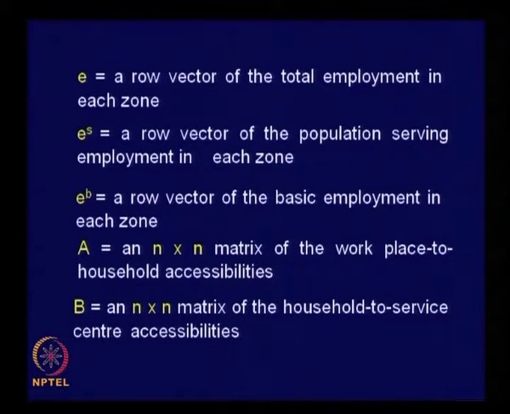And B is again an n by n matrix of the household to service center accessibilities, the ease with which people can reach the service places, to be expressed numerically using some accessibility calculation method. That is what is given in abstract terms as capital B.